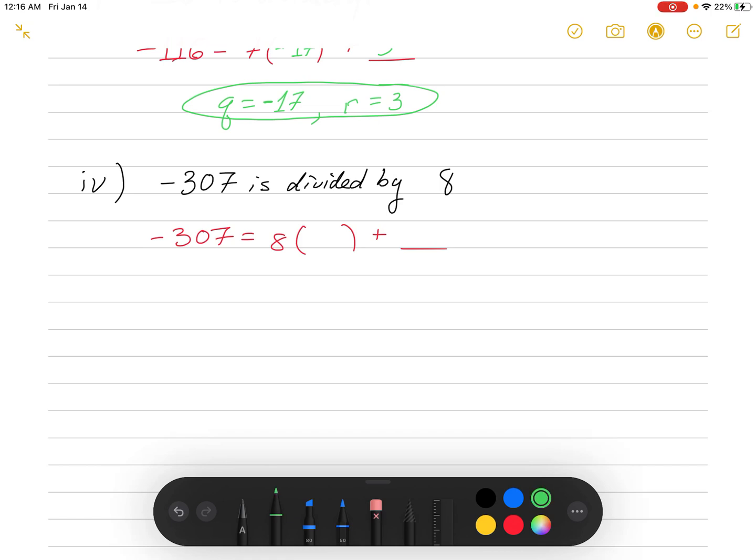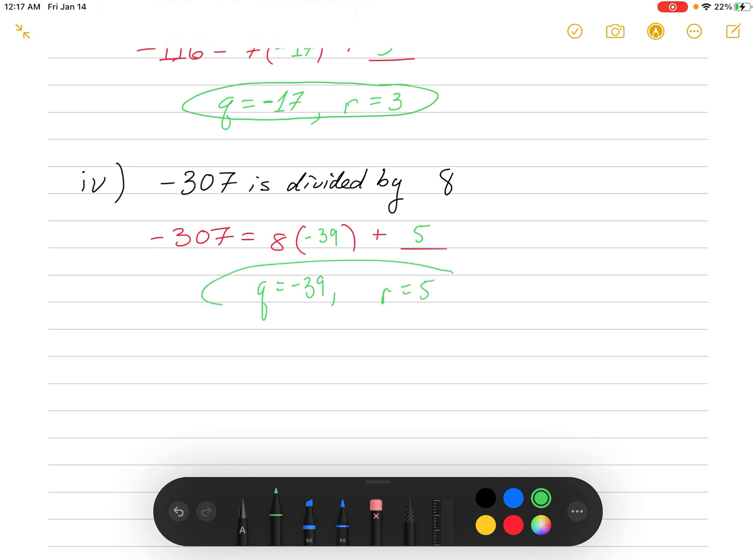I'm going to put minus 39 for my quotient. We're actually subtracting 8 times negative 39, but the same thing would be adding 8 times positive 39. So we take minus 307 plus 8 times positive 39, and we get a remainder of 5. So the quotient is negative 39, and the remainder R is 5.